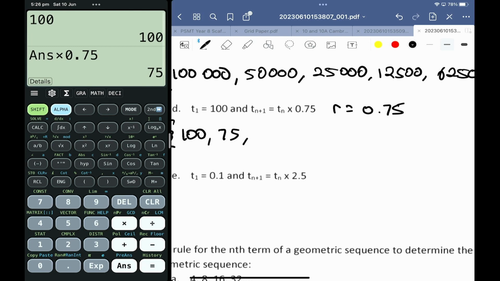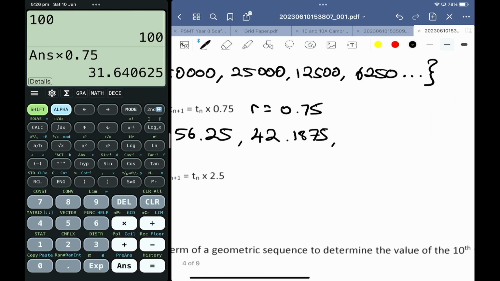Gives me 75, hit equals again, gives me 56 and a quarter, hit equals again, and then equals one last time.